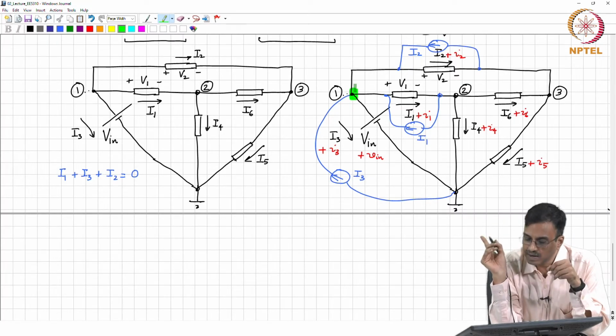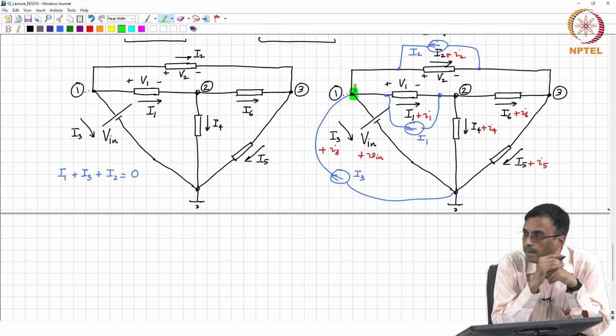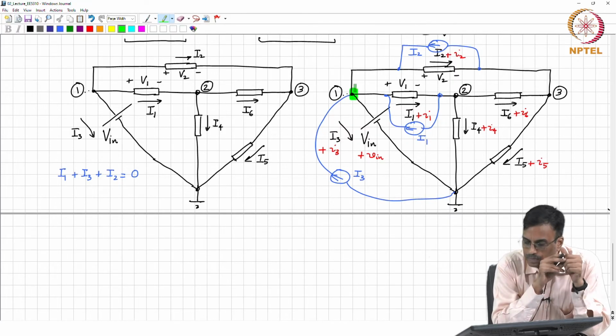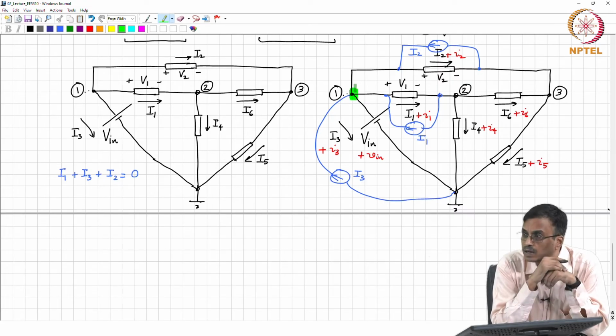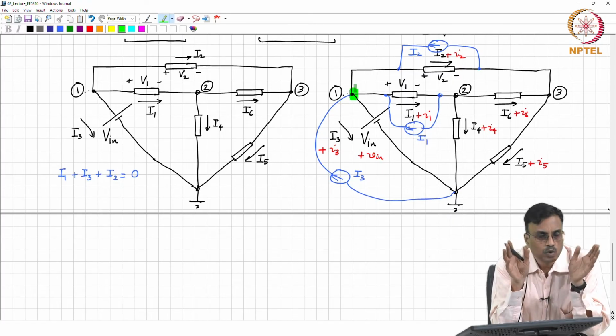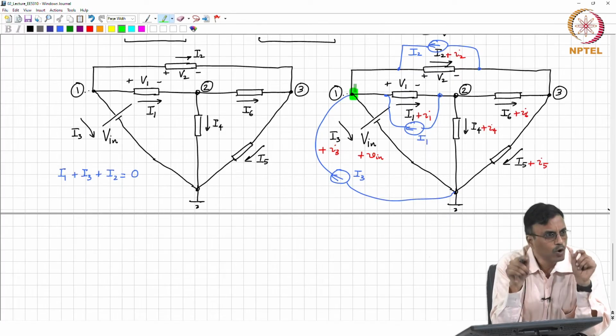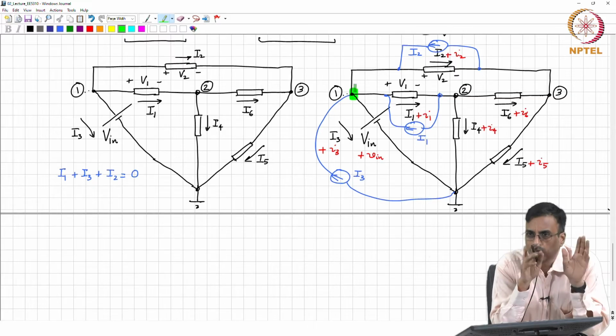What is the extra current that I have pushed into node 1? Yeah. So, I have added 3, what is the net current that therefore goes into node 1? And what is I1 plus I2 plus I3? It is 0. So, there must be no change, simply because at every node I am injecting a 0 current, right.